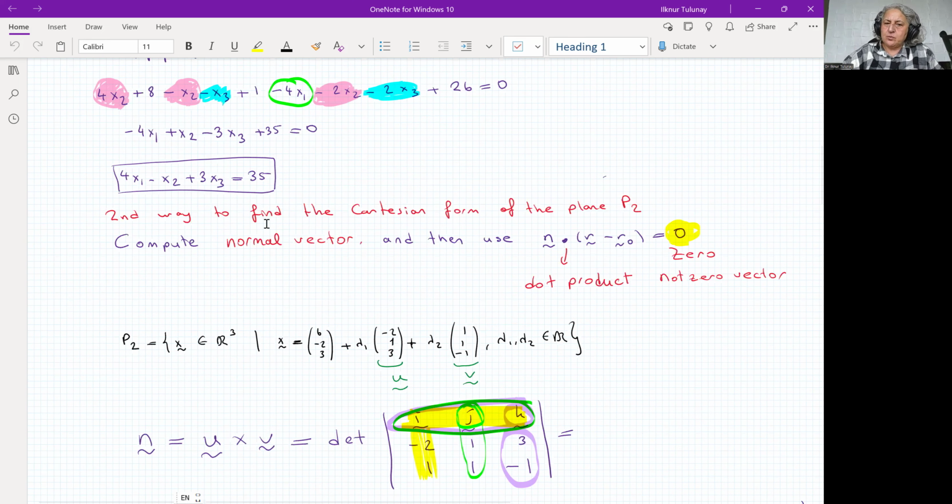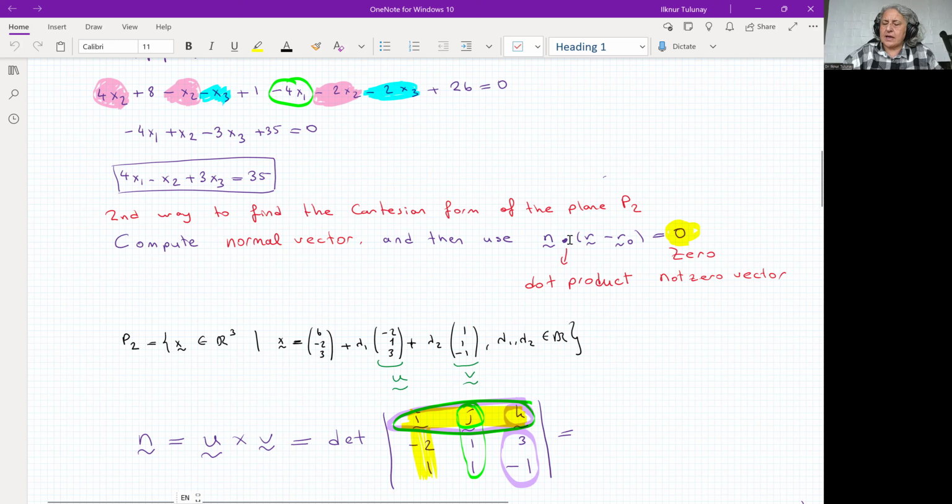Now we would like to compute the normal vector, as I said already, and then use the normal vector in this equation. This is the point form representation for a plane. This is the normal vector, and that is the dot product. This is the general position vector x1, x2, x3, and this is any point on the plane.